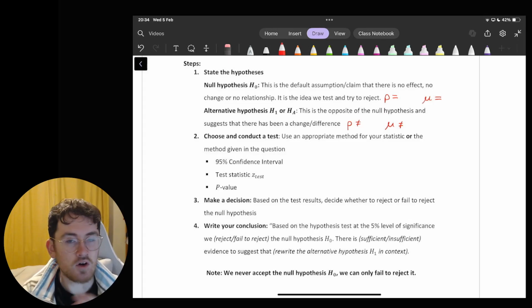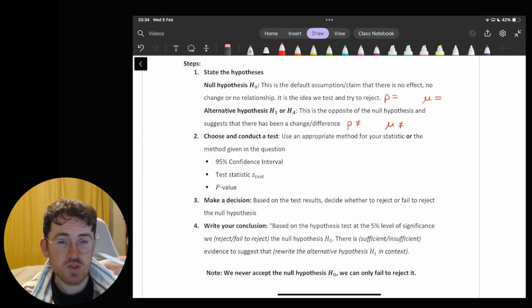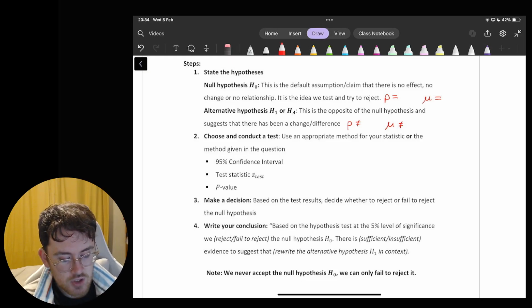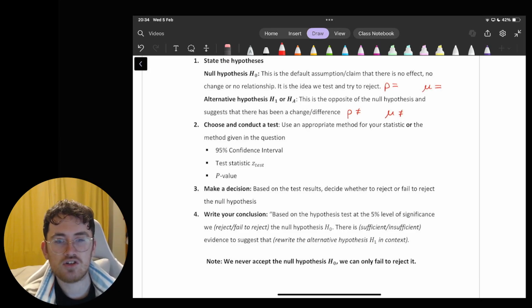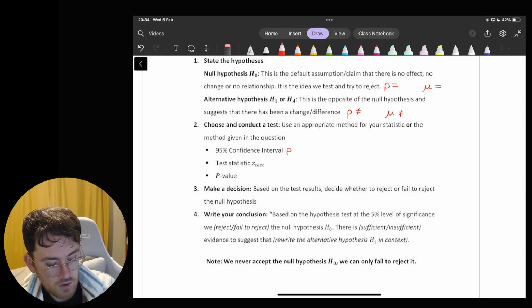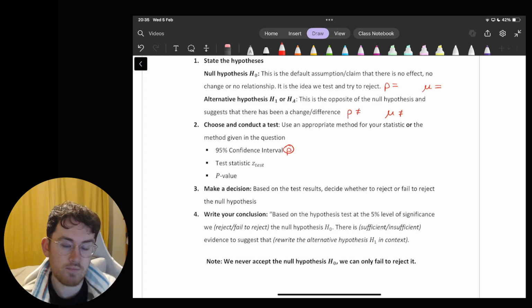So the first step is always to state the two hypotheses. A lot of the questions will lead you through these steps as well, but there's no guarantee. Step 2 will be to choose which test you're going to do and conduct that test. We will either do a confidence interval, which, as we've said, is the only method for p for proportion, or a test statistic, which would come from the mean, or a p-value, which would also come from the mean.